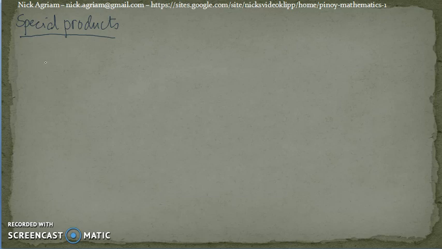Maybe in grade 7, natutunan nyo ito. If I multiply A by B and C in a parenthesis, then I will multiply A and B, and then A and C. Yan yung natutunan natin dati.